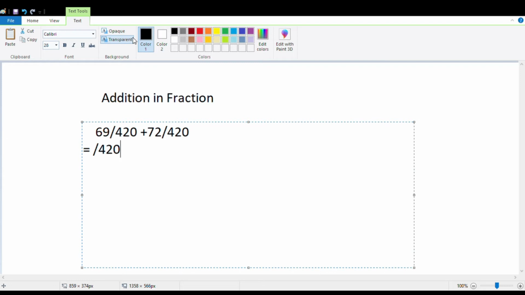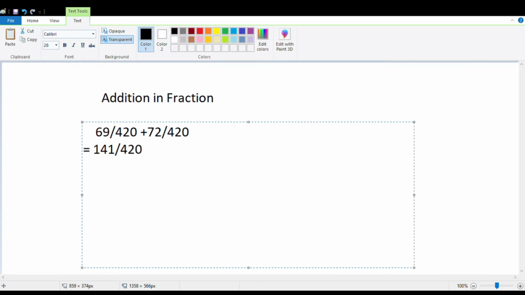Take some time and try to find the answer. I'll give you some time. The answer in the numerator will be 141. I am right. If you have gotten the wrong answer, please check your addition again. If you want, you can use a calculator, but I strongly advise against it.